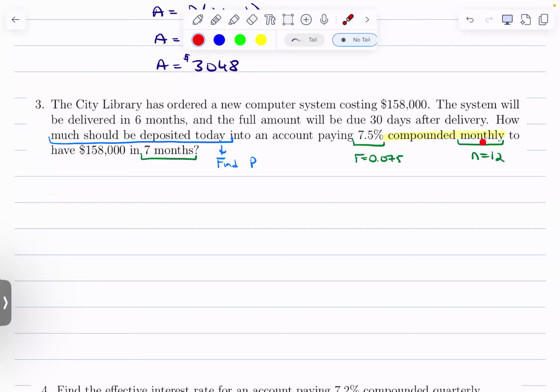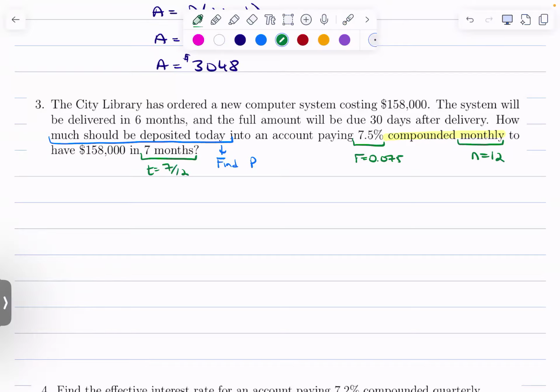Now, if it's compounding monthly, I usually convert my T into years. Is that what we've been doing? Yeah. Nice. Which means 7/12.